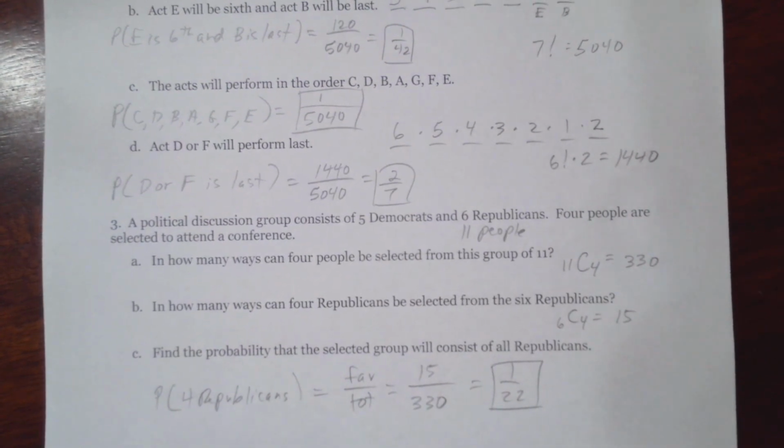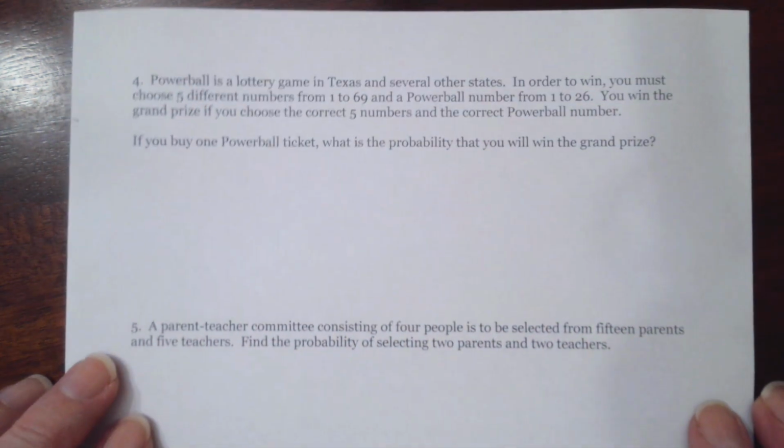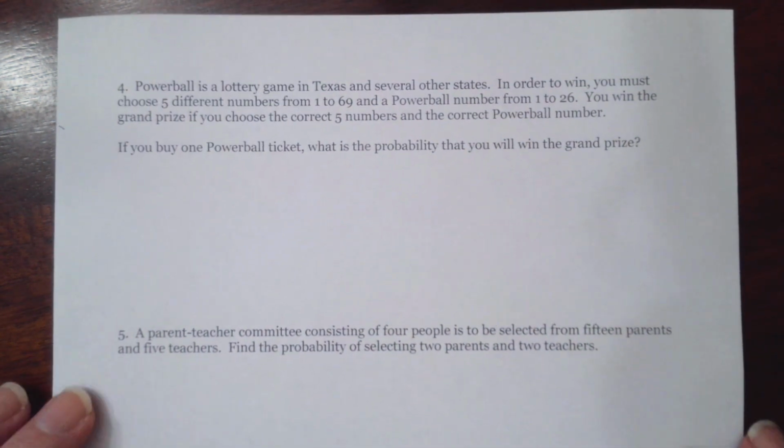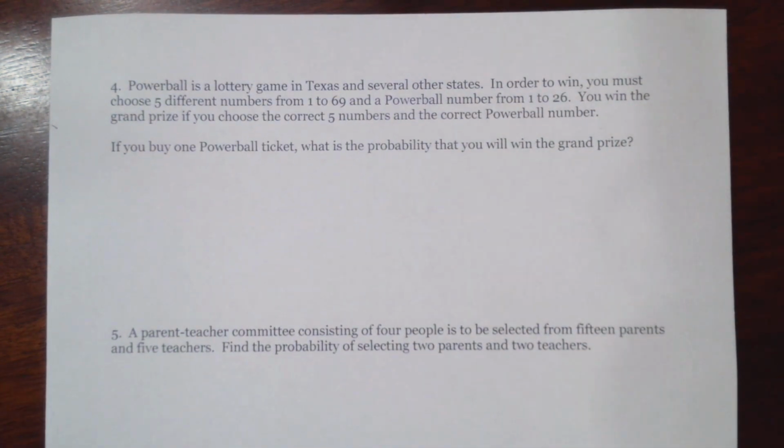All right, let's move on to the next page. So Powerball is a lottery game in Texas and several other states. In order to win, you must choose 5 different numbers from 1 to 69 and a Powerball number from 1 to 26.